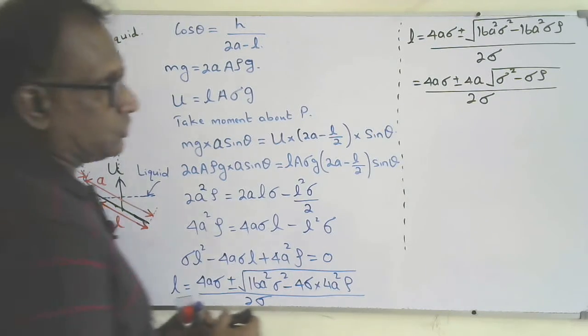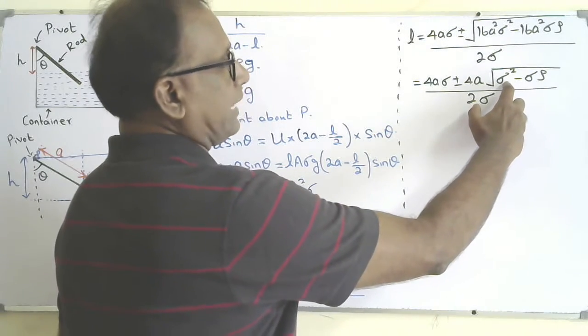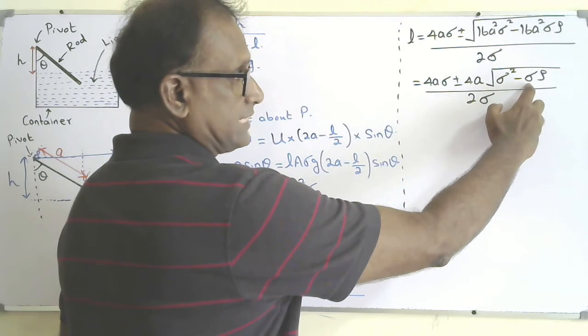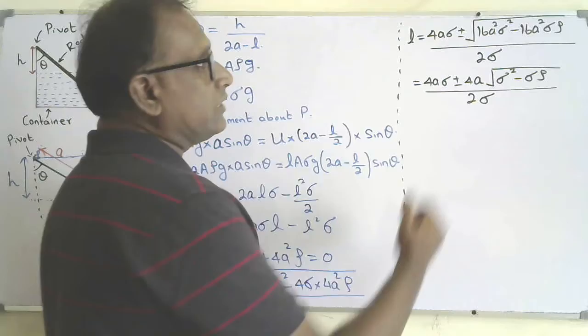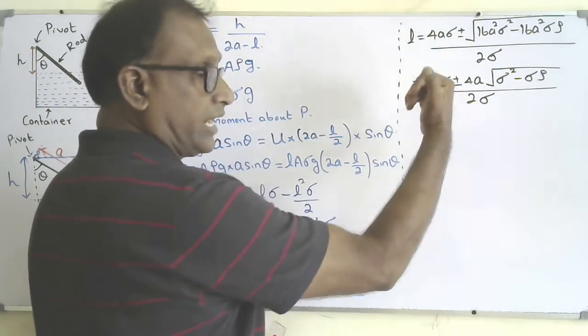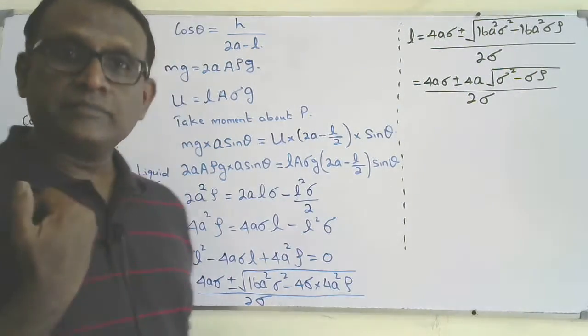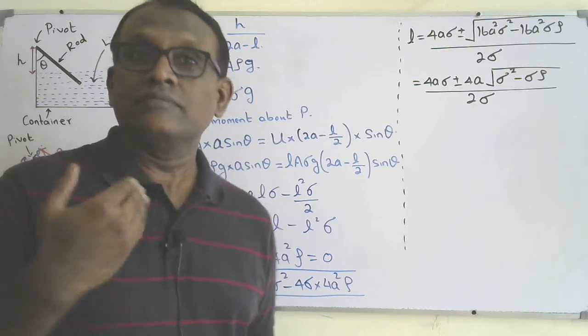Here sigma squared is there, and here also sigma is there. So I want to take the sigma squared out of the square root. If I take sigma squared out of the square root, it will become sigma.